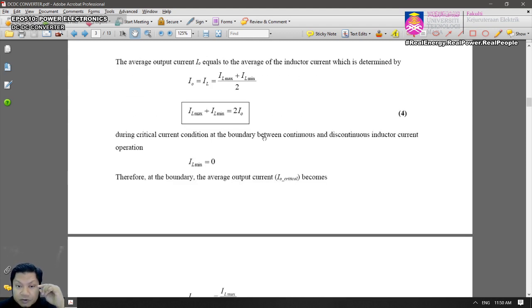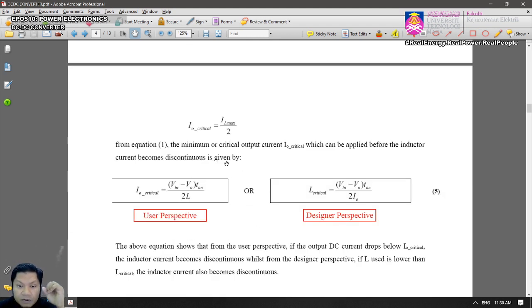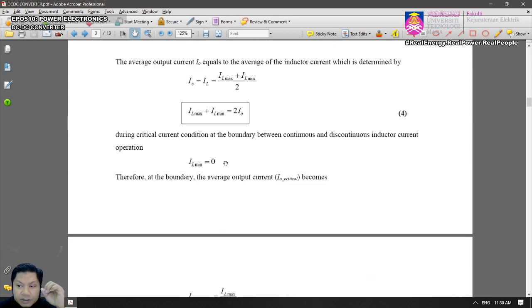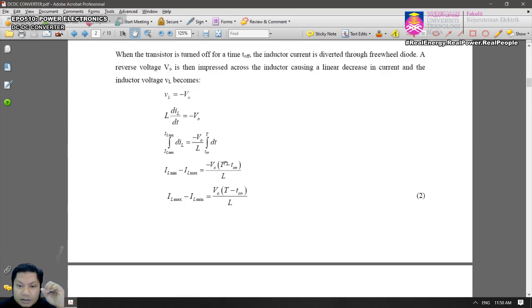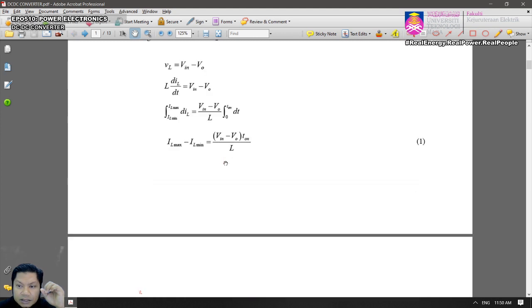This is from the above equation just now, from equation 1. Go back to equation 1. Alright, so from this equation, IL max minus IL min equals (V in minus V out) T on over L, and we know that now IL min equals 0.